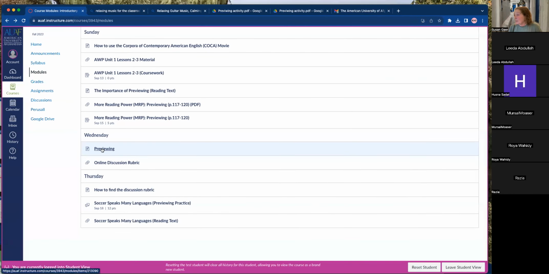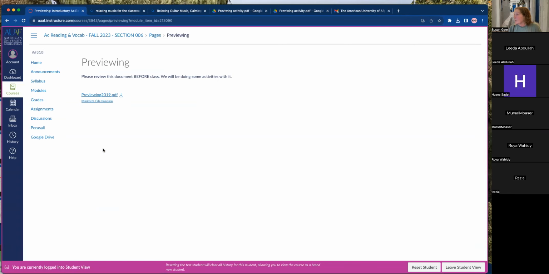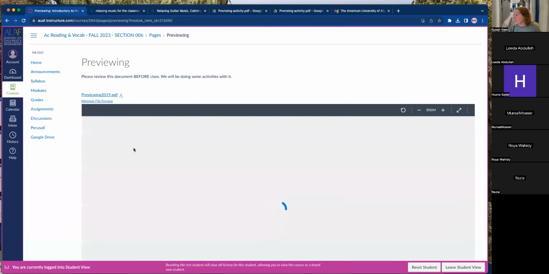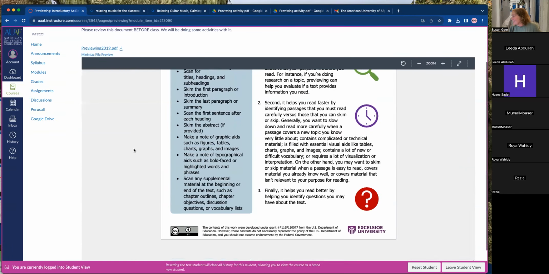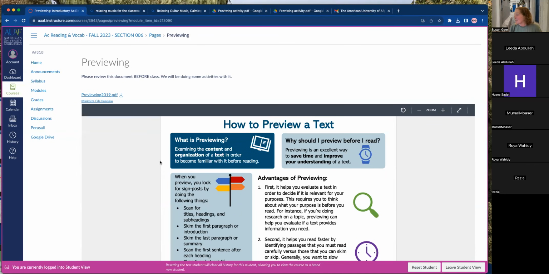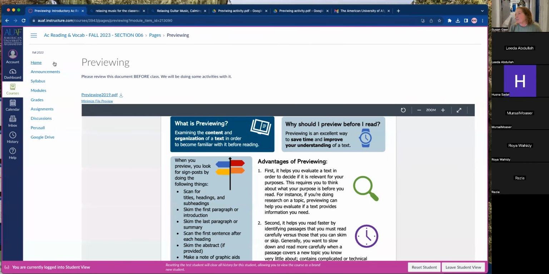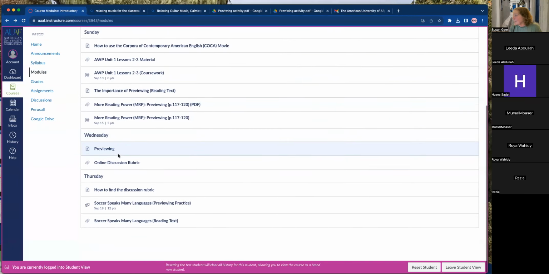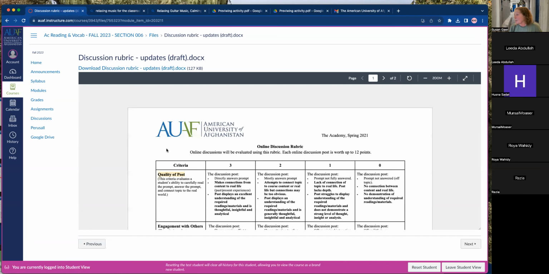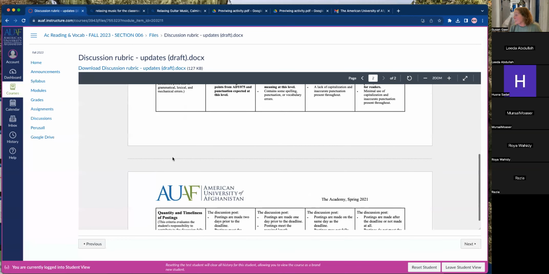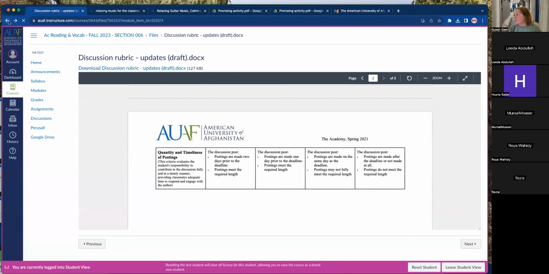And then here is, what is this? Oh, this is really pretty too. I like this one. I just sent it to you so you have it for your different things. It's basically what we talked about today. So this is the rubric here, so you can take a look at it more closely. The same rubric we just went over for the grading of the discussion, which is 12 points.